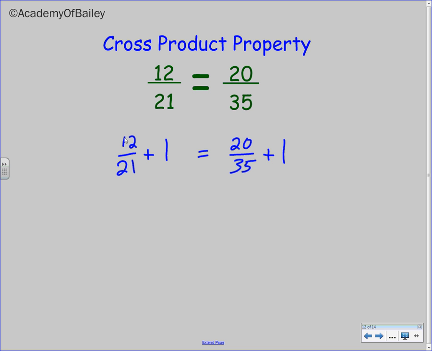We need to change 1 to have a denominator of 21, and we need to change 1 on the right side to have a denominator of 35.